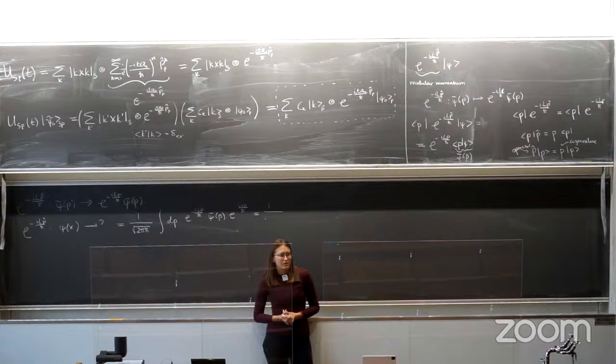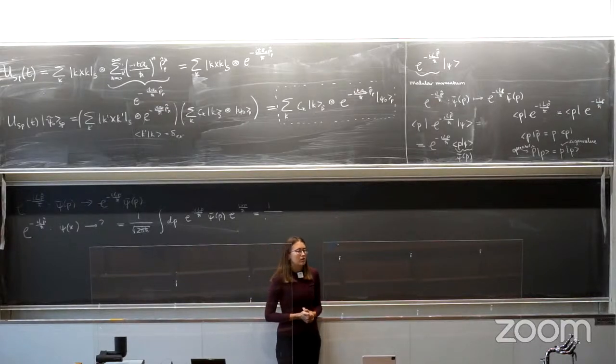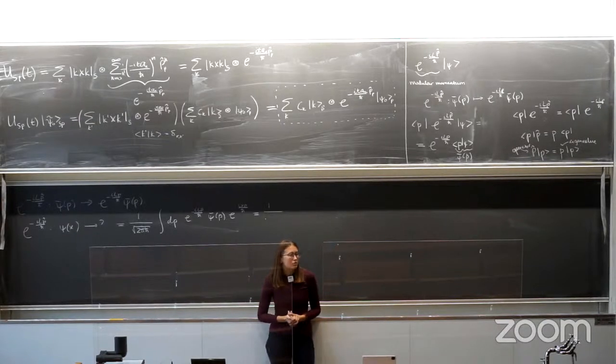Yes. Your question is why is one system discrete? The observable that we choose on the system in this case is a discrete one, but in principle the same procedure would work for a continuous observable as well.